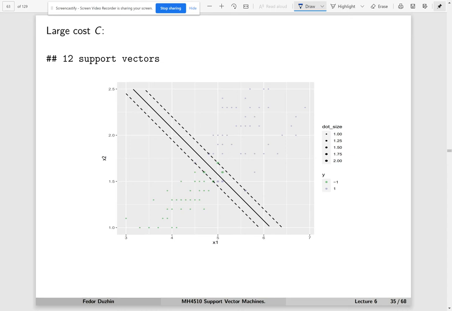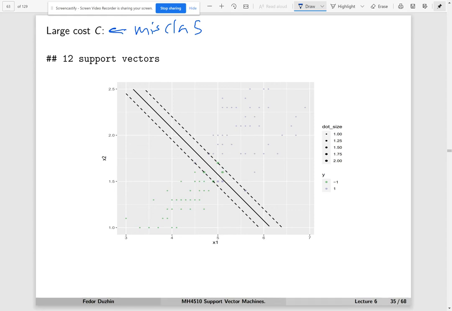This soft margin classifier has a parameter, the cost, which represents the cost of misclassification. Of course, the bigger the cost, the less forgiving our classifier is to misclassification.